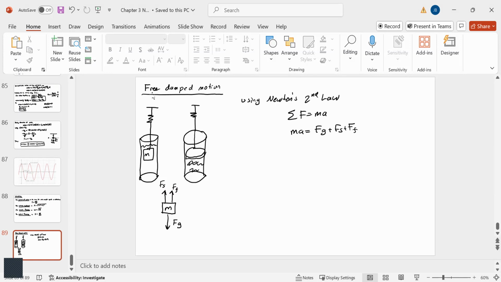And if we replace everything, using a equals x double prime, then mass times x double prime is equal to force of gravity plus force of spring plus force of friction.